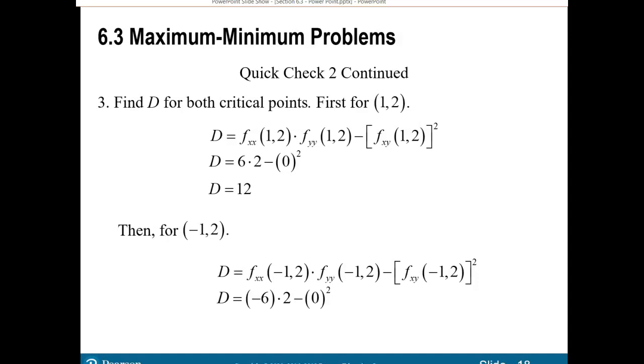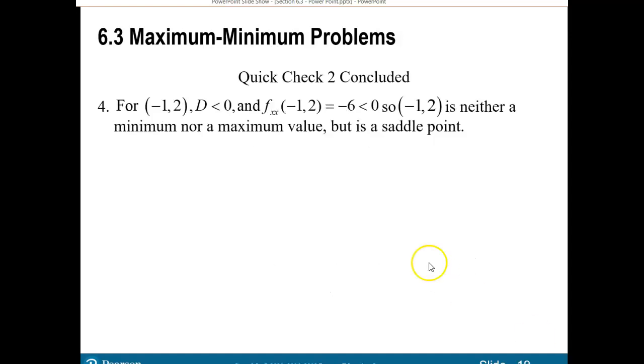If you go back to your second partial with respect to x, you're plugging in a 1 versus a negative 1. That's the difference. So here we get negative 12. So for the second one, we get D less than 0, right?